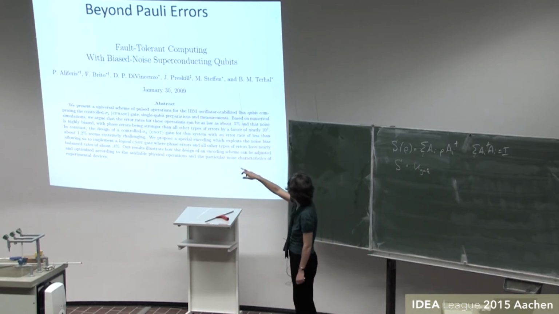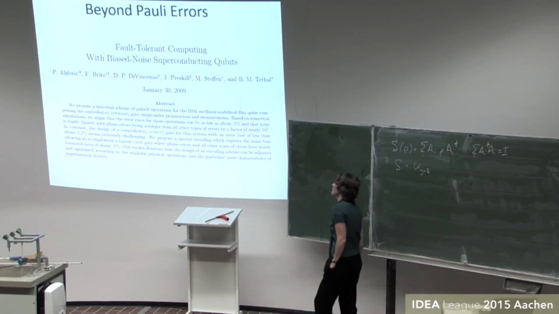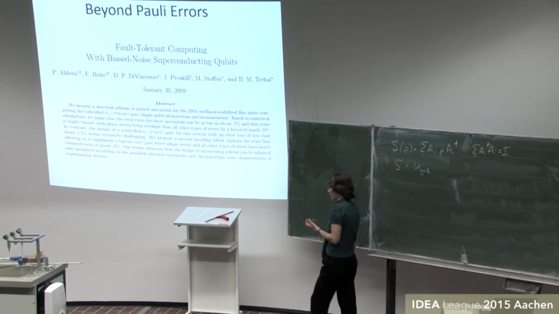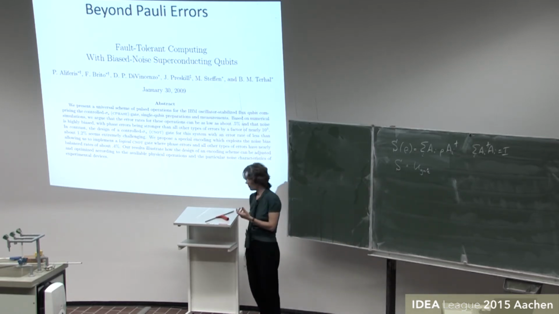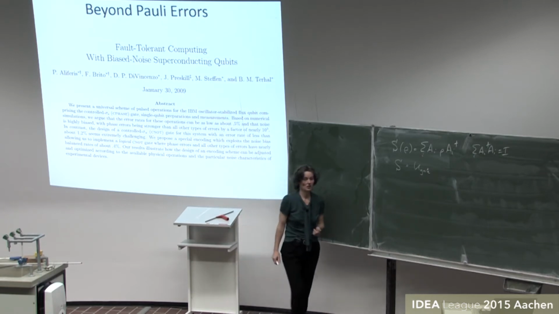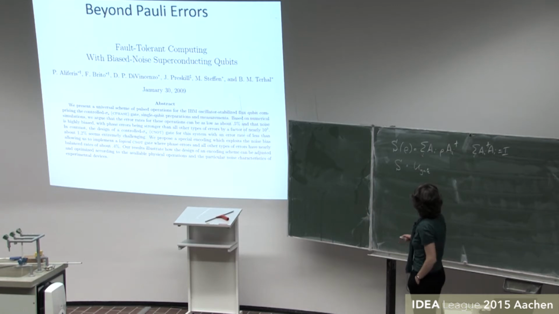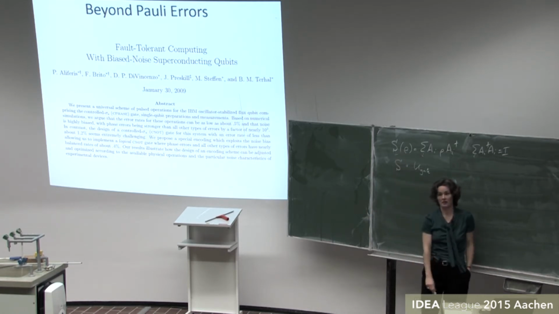So we wanted to do a C-phase gate, single qubit preparations and measurements. And for every one of those components, we wanted to analyze the noise most accurately. So the idea was that for every one of those components, we'd like to have a superoperator description, in this form with the gate and the superoperator.